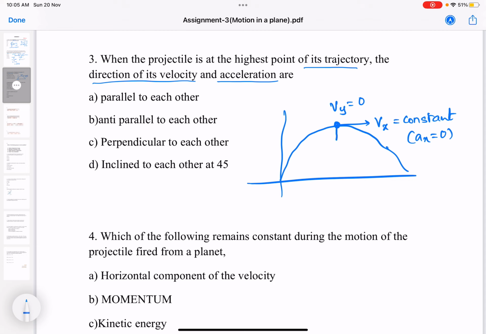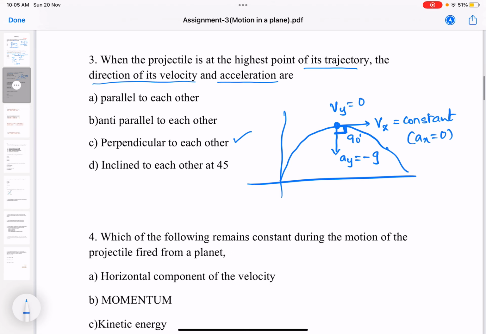There is only acceleration pointing downwards, and that acceleration is the acceleration due to gravity. So at the highest point, the velocity and acceleration vectors are perpendicular. So the answer is C.